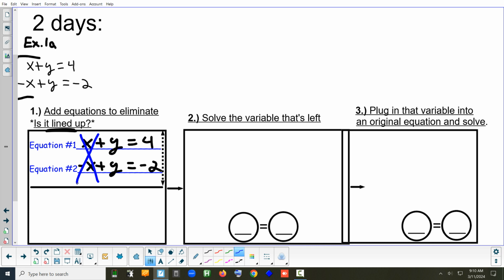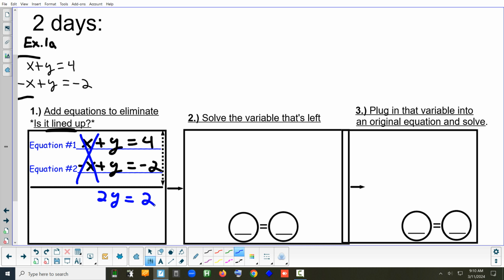That's 0x. So there's no x's left. How about when we add the y's up? What's positive y plus positive y? 2y. And now we have to add the numbers up on the other side. What's 4 plus negative 2? 2. So that's what goes in the first box, just adding those up.